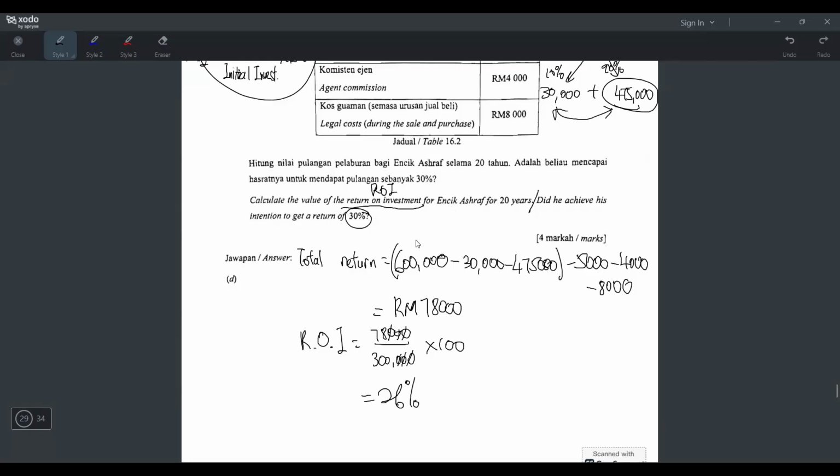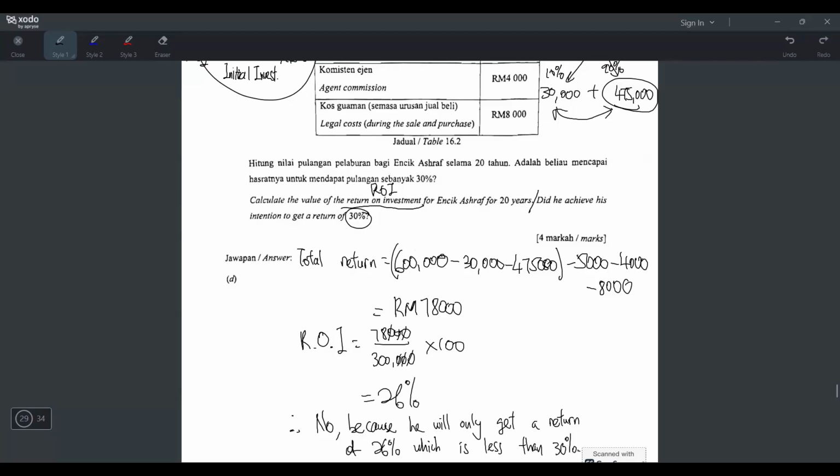Okay, so now we can answer the question. Did he achieve his intention to get a return of 30%? No. They never asked us to write the reason, but I'll write it because he will only get a return of 26%, which is less than 30%.